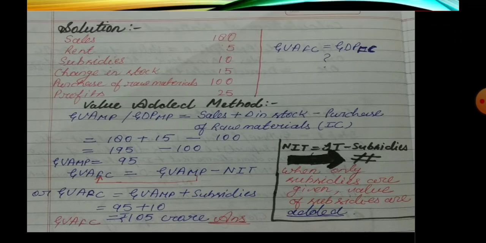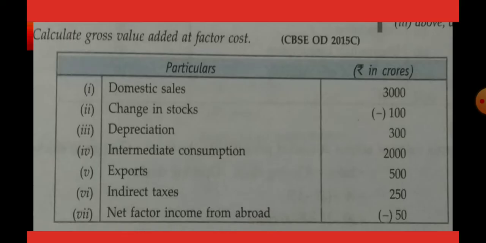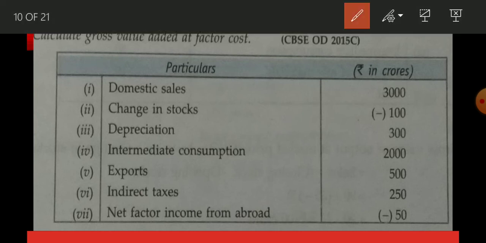Okay, let me do another question. In this question, we have to find out GVA FC. Okay, student. And here, what is given? Domestic sale, change in stock, intermediate consumption. Okay, so we require these things because the domestic term is used.